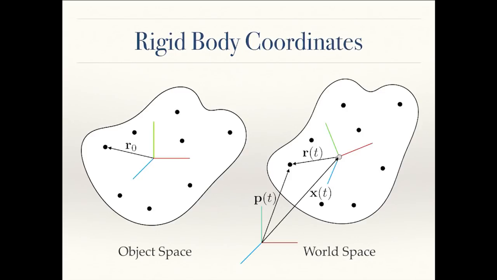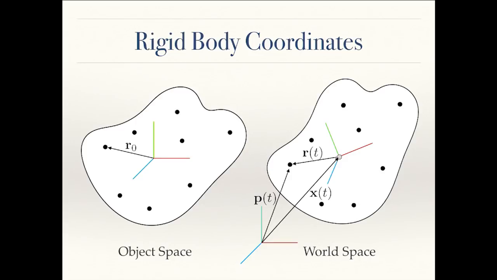When we talk about rigid bodies, we introduce another space. We don't just have our regular 3-dimensional space, we have something called object space. Object space is a space that's fixed to the body, and it's very common and very convenient to put the origin of object space at the center of mass of the body. So from now on, we'll assume it's at its center of mass.